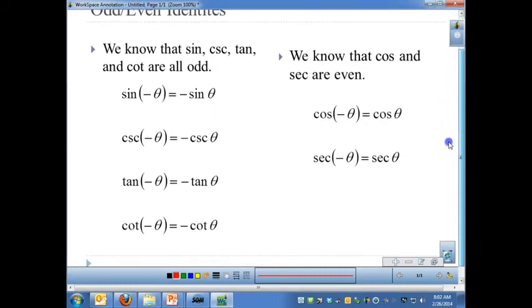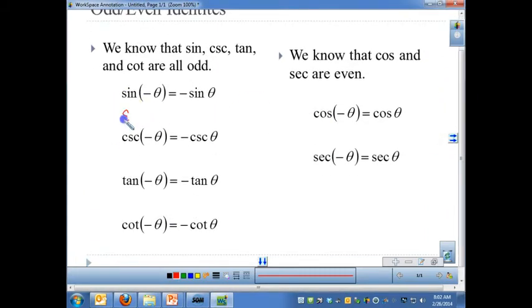So for example, if I had the sine of, say, negative 90 degrees, well, the sine of negative 90 degrees is equal to a negative 1. That should be equal to the negative sine of 90 degrees, and we know that the sine of 90 degrees is a positive 1, so that would be then negative 1 as well.